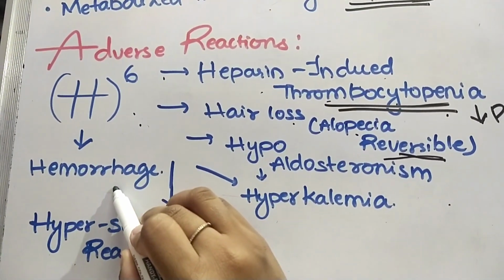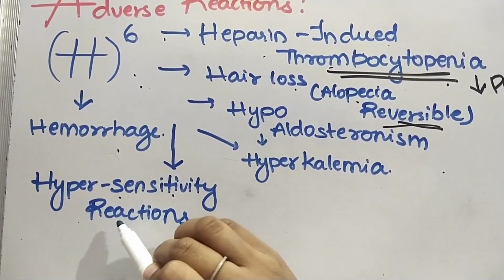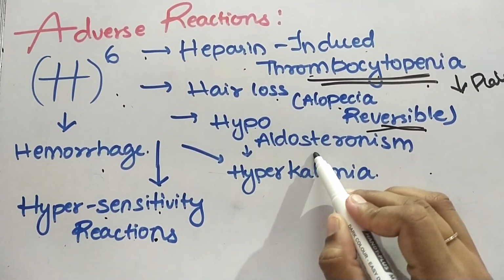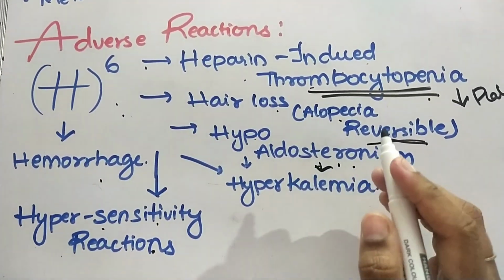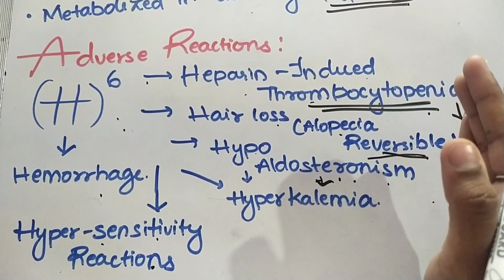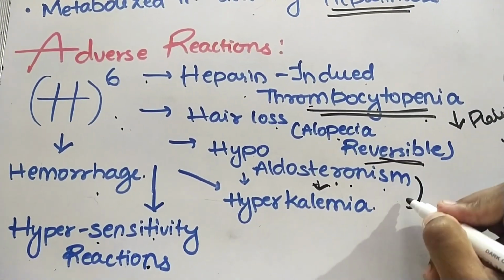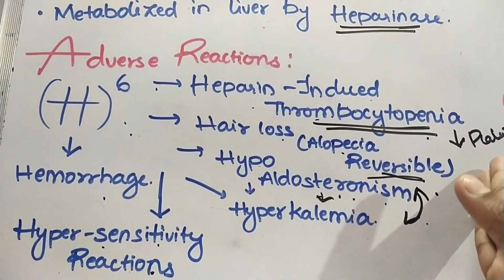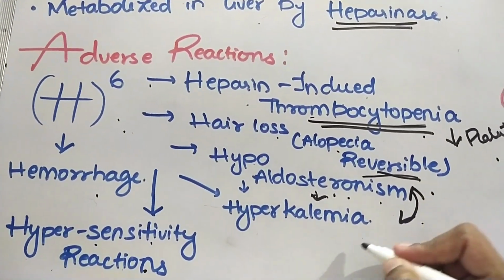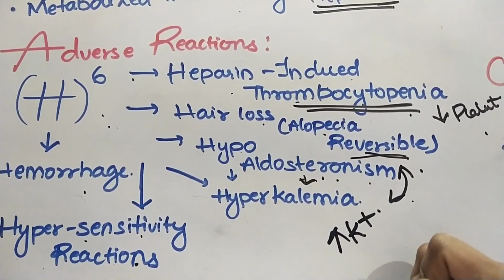Then hemorrhage, and hypersensitivity reactions, and hypoaldosteronism, which leads to hyperkalemia. These two are interlinked: while it causes hypoaldosteronism, it also causes hyperkalemia, which is an increase in potassium ions.